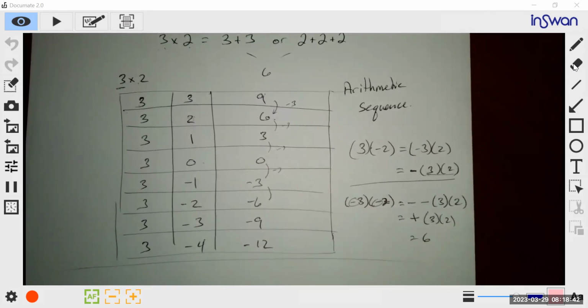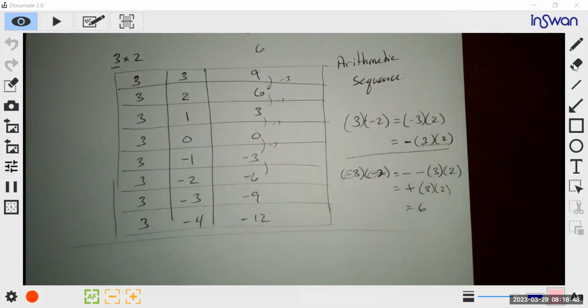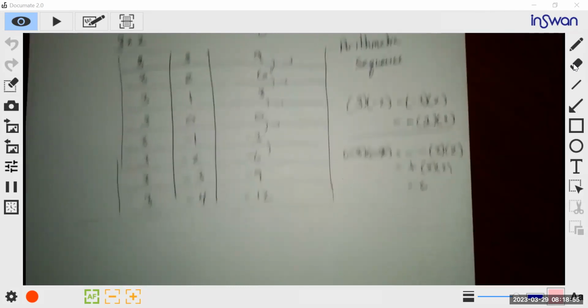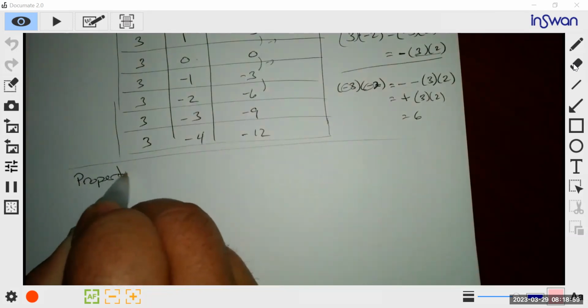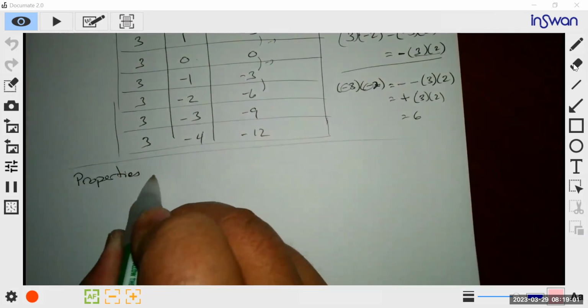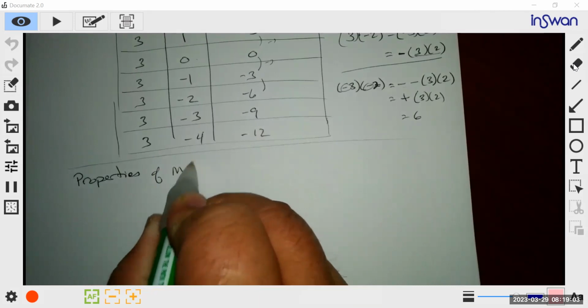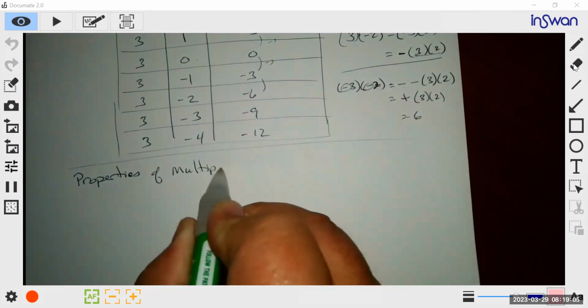So that's using some of the properties that we're going to talk about shortly. All right, speaking of that, let's talk about the properties now of multiplication.